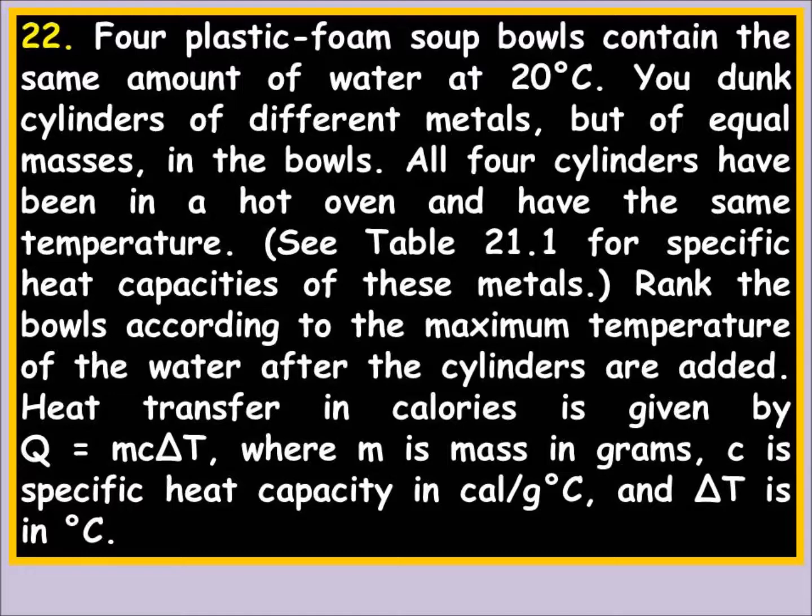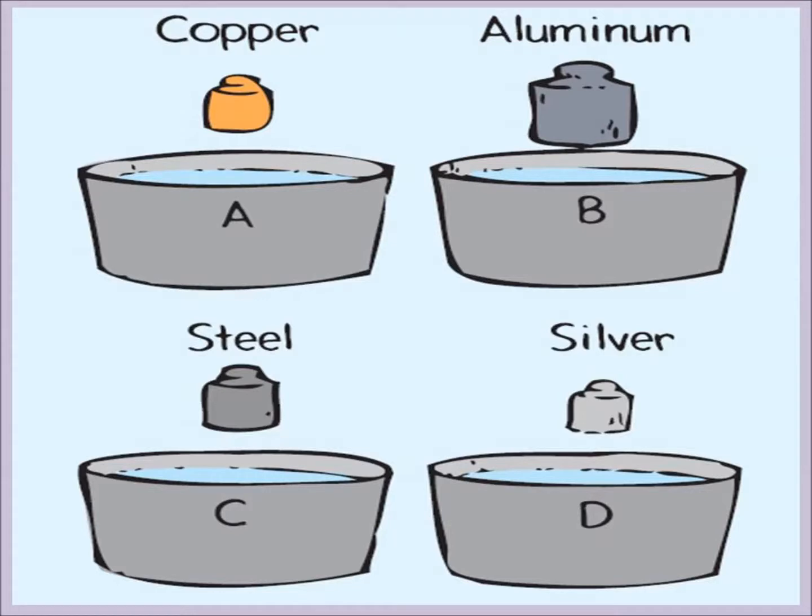Well, perhaps it would have been better to put the tables of specific heat capacities next. But what I'll do is, I read the problem, and I'll show you the picture here. So you have A, B, C, and D: copper, aluminum, steel, and silver, respectively. And so let's agree. How do you really answer this? Well, the one that has the greater specific heat capacity will hold the most energy, will hold the most heat.